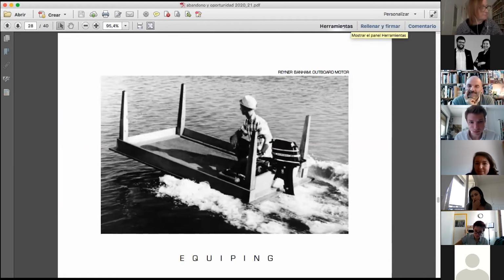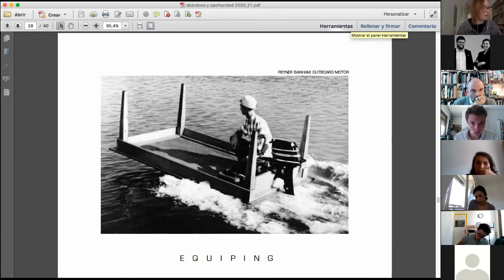Equipping. The simple installation of an accessory in an abandoned or underused building acts as an activator for new uses. This is what Richard Sennett, in his book The Craftsman, defines as dynamic repair. A dynamic repair starts from an object that needs to be fixed.